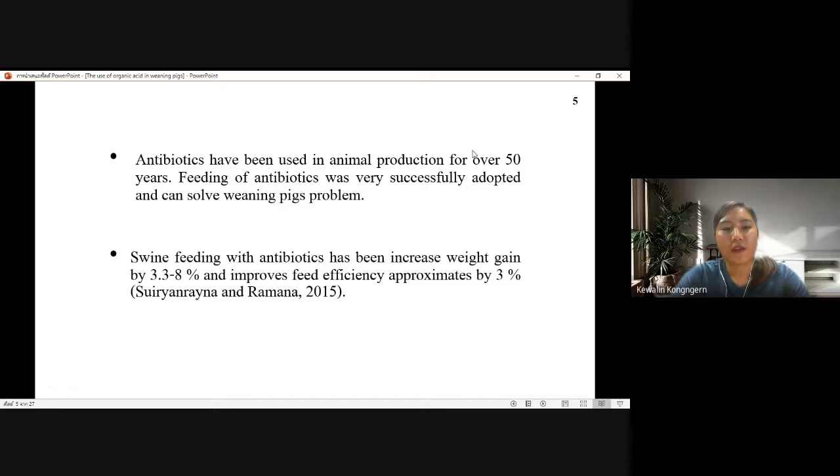Antibiotics have been used in animal production for over 50 years. Feeding antibiotics was very successful and can solve weaning pig problems. Swine fed with antibiotics have increased weight gain by 3.3 to 8% and improved feed efficiency by approximately 3%.